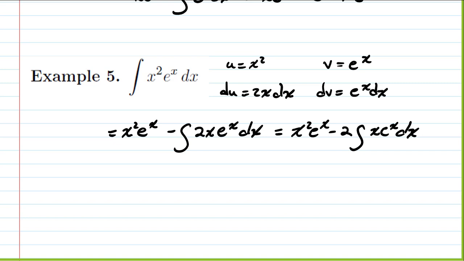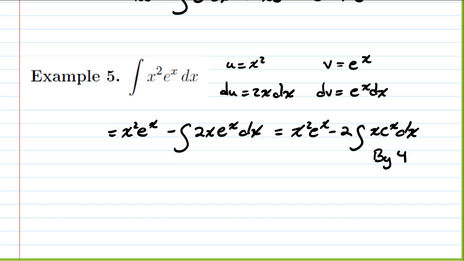So when I did integration by parts, I started with a degree 2 polynomial, and what did I trade it for an integral of? A degree 1 polynomial. And as a matter of fact, that's the integral that we just did in example 4, right?